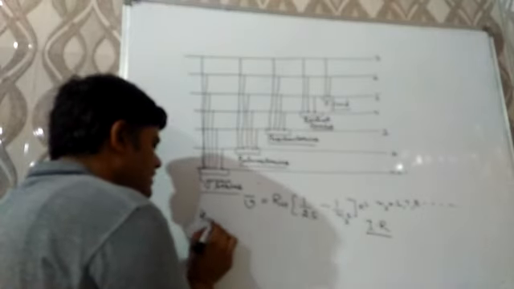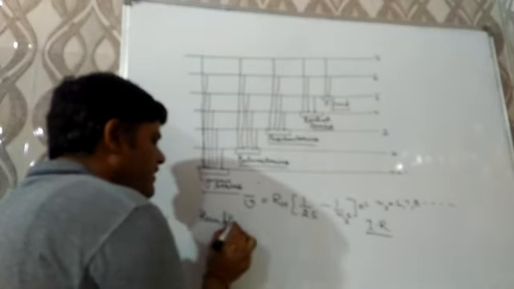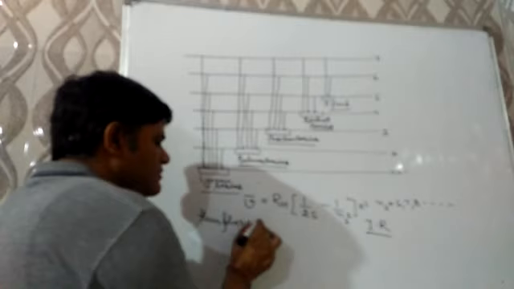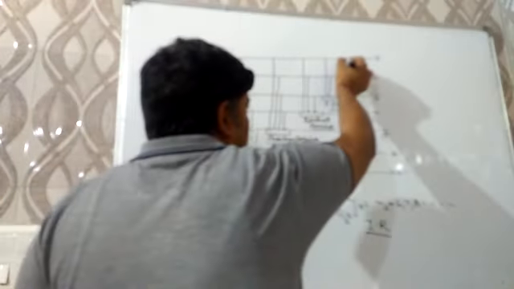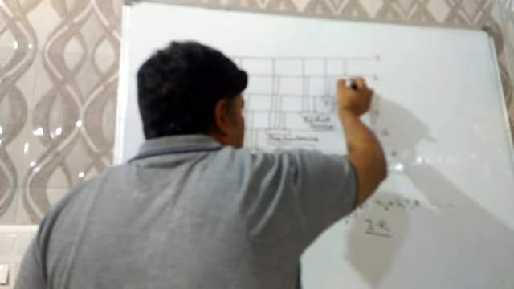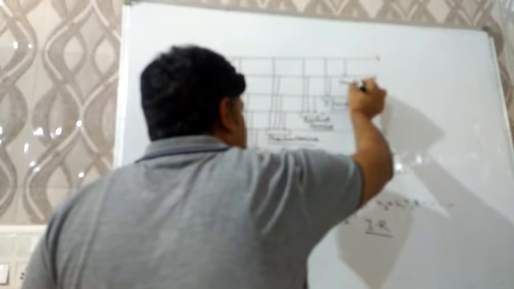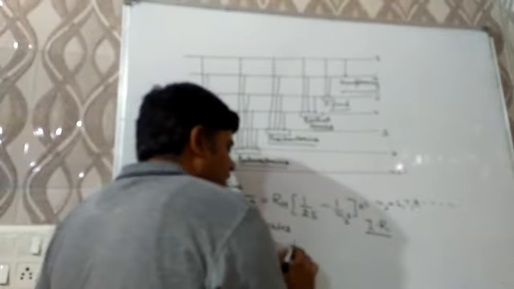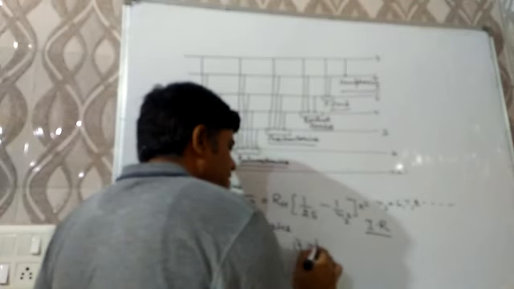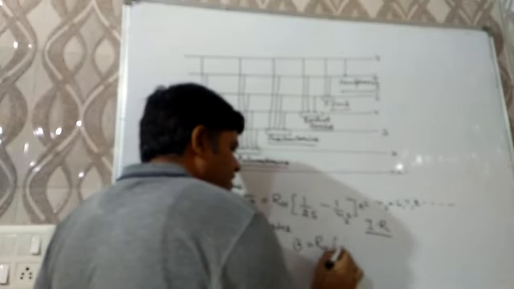Next one is Humphreys series. Humphreys series means when the electron jumps from higher energy level to the sixth energy level, then the series of lines obtained is known as Humphreys series.